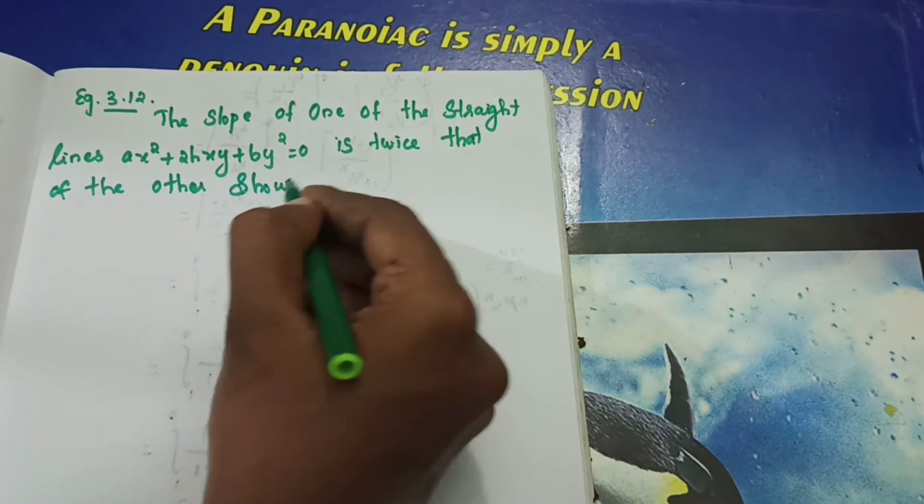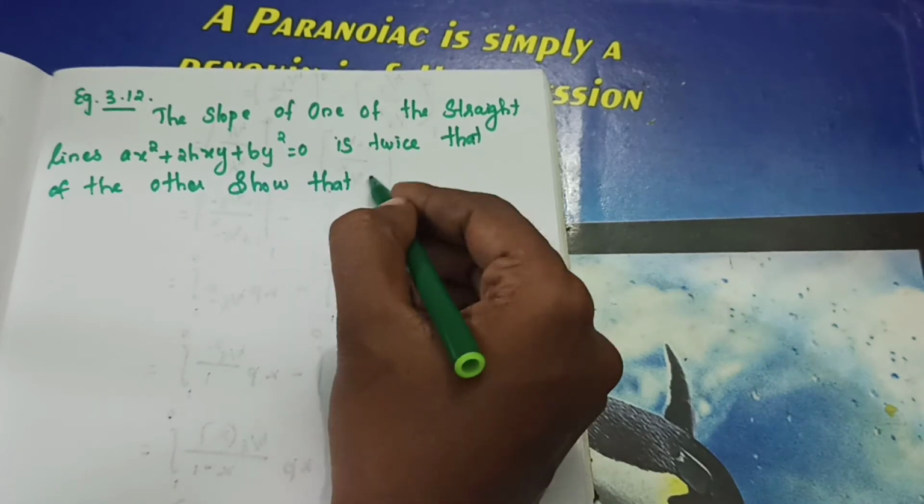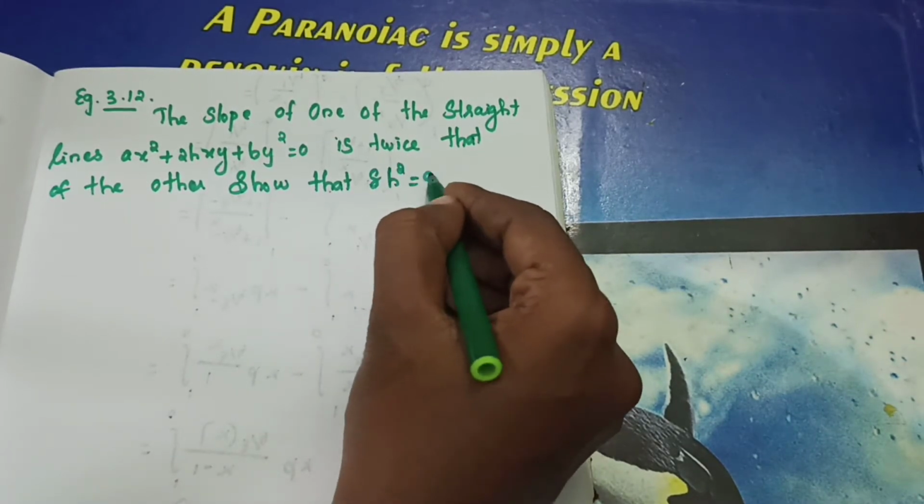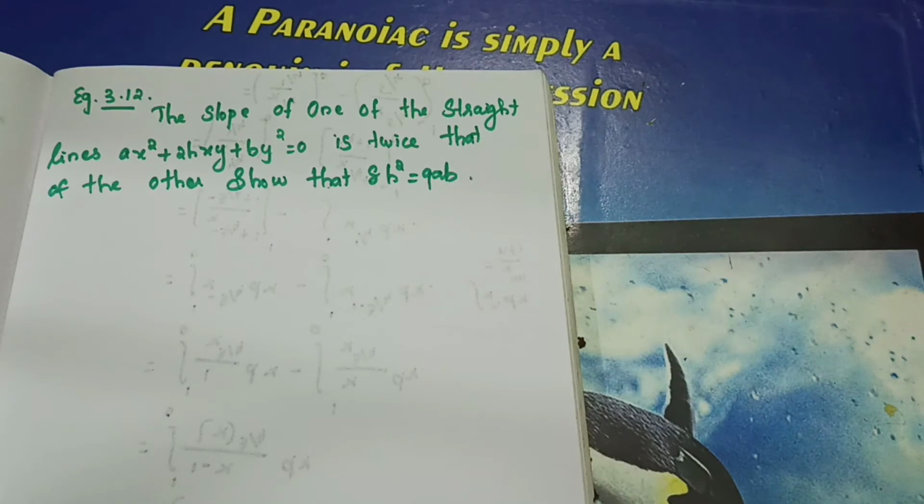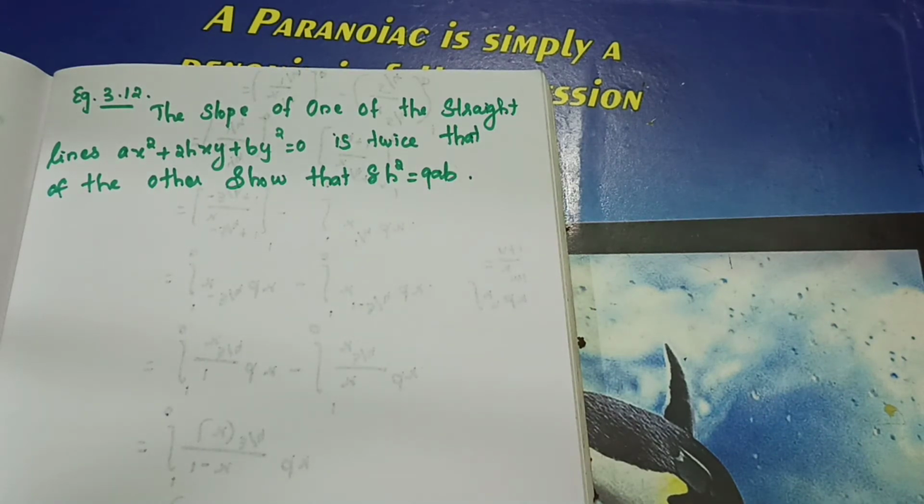Show that 8h square is equal to 9ab. What's the question? The slope of one of the straight lines ax square plus 2hxy plus by square is equal to 0 is twice that of the other. Show that 8h square is equal to 9ab.